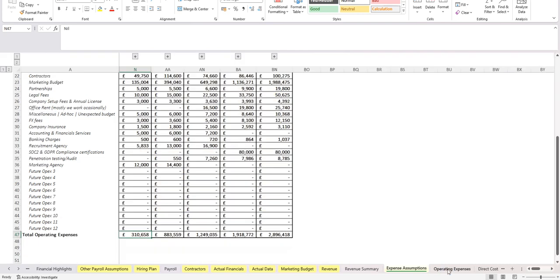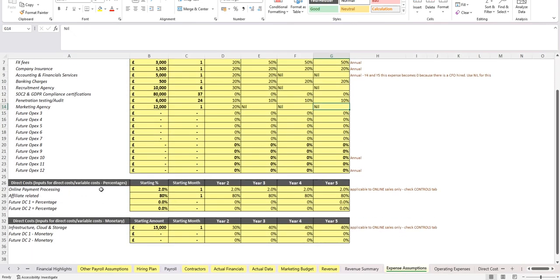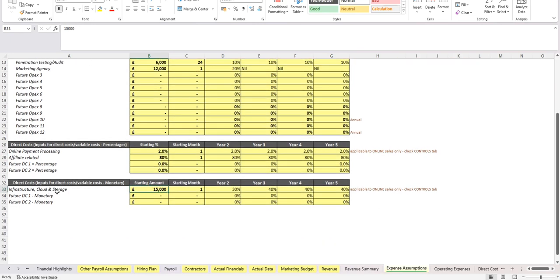So what that means in your OPEX, you see here, marketing 12,000, 1440, and then 0, okay. That's the logic of how you build your strategy when you want to do this kind of transition, because these things are likely to happen in future, okay. Some other things about direct costs, online payment processing, how much affiliate is costing them, infrastructure, okay, which are direct costs because they are tech.